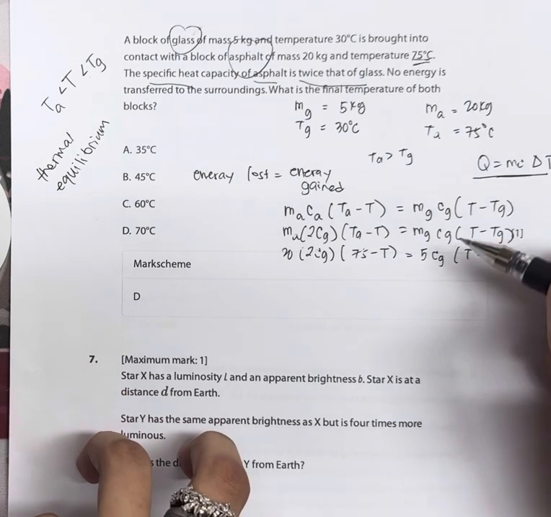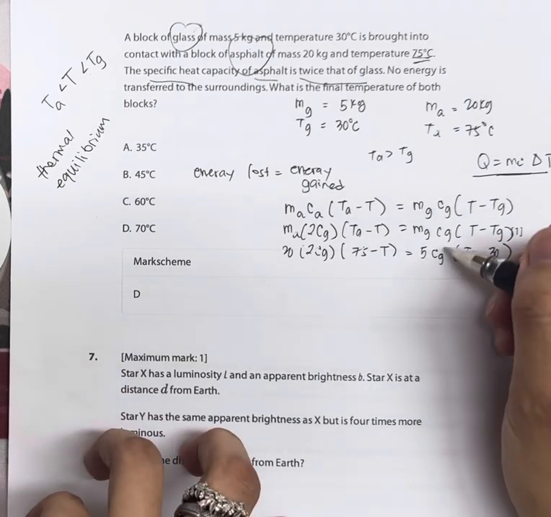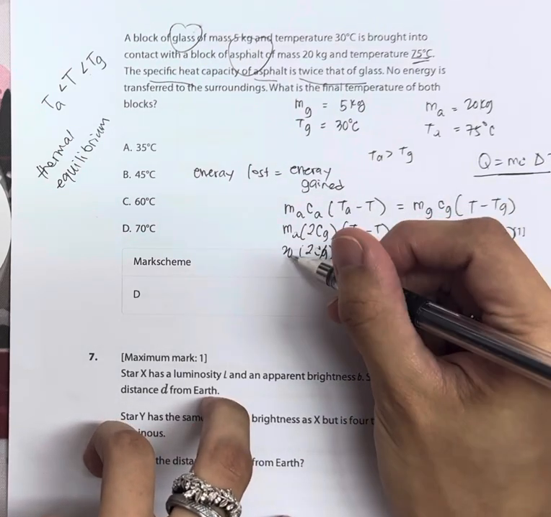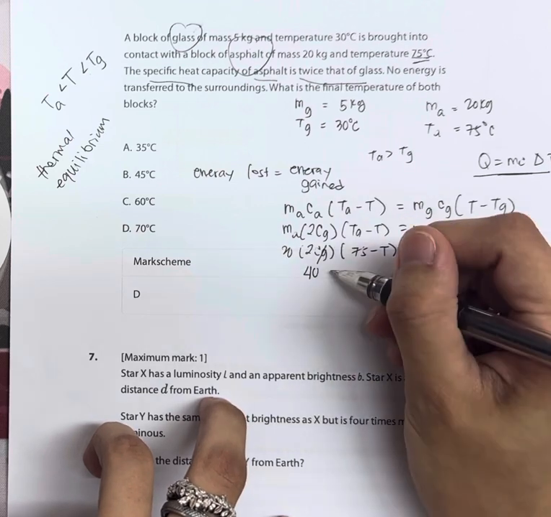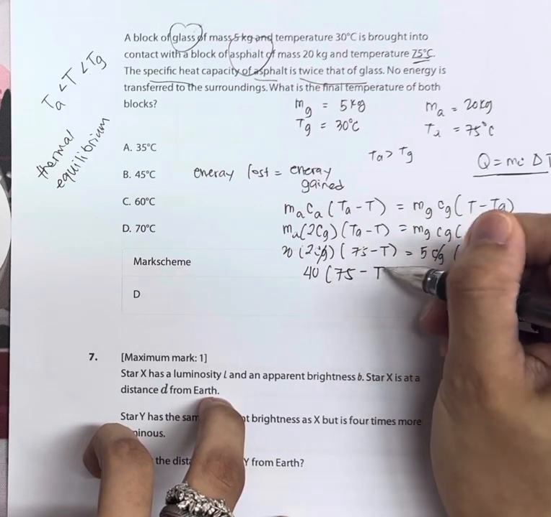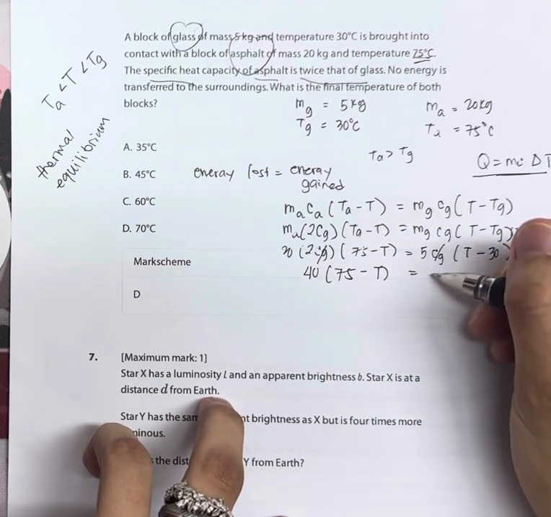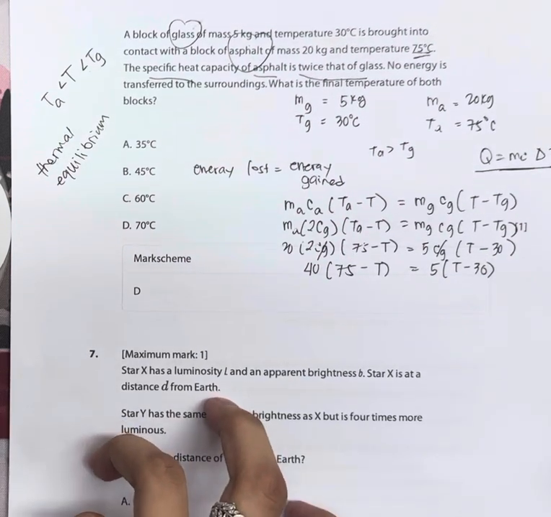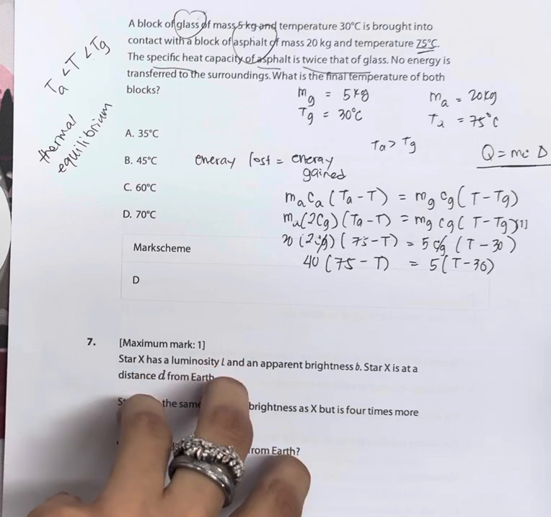Now here you can already see that we can cancel out our specific heat capacities, and just solve this. So 20 times 2 is 40, and here I'm left with 75 minus t. 5, this becomes 5, and then t minus 30, and this is just going to be math moving on.